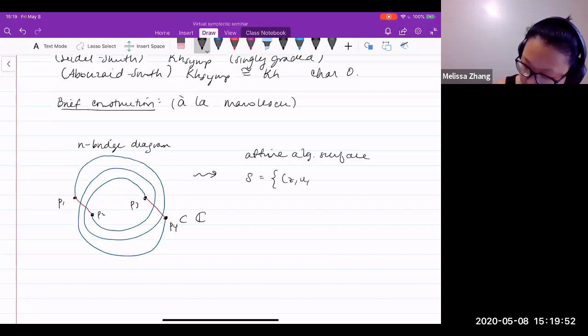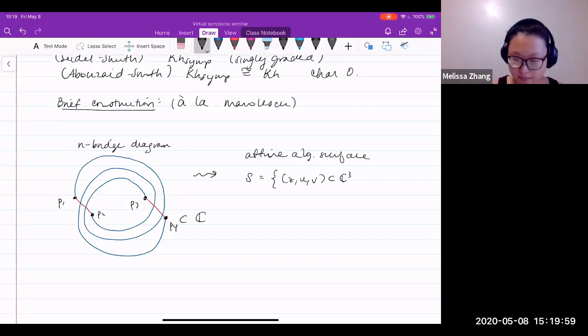So there's going to be a Z, U, and V copies of C, defined by basically you want U squared and V squared, which is going to sort of give you the equation of a circle, to evaluate to like negative P of Z.